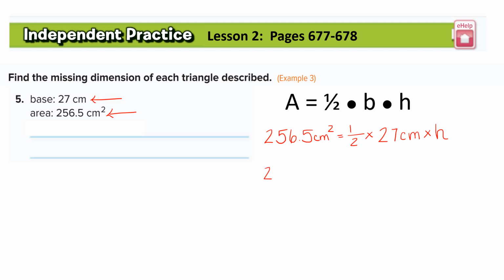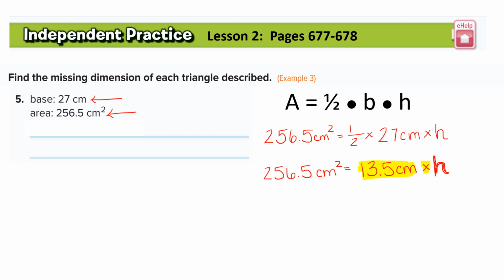So I have 256.5 centimeters squared equals 27 divided by 2 equals 13.5 times h. Now to get h by itself on this side, we need to get rid of multiplying by 13.5.